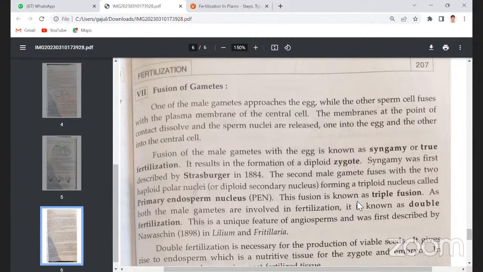The second male gamete fuses with the two haploid polar nuclei, or the diploid secondary nucleus, forming a triploid nucleus called the primary endosperm nucleus.